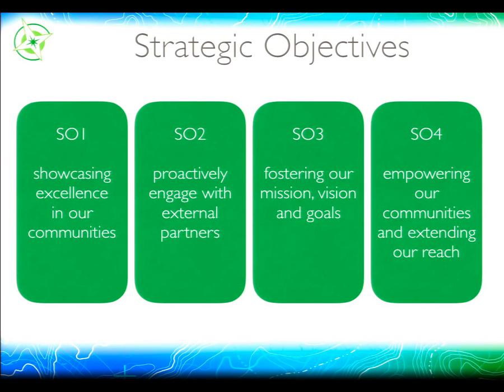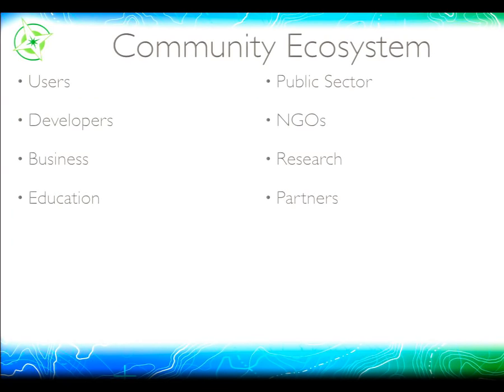By using OSGeo and asking them for money, we were able to fly more developers in and accomplish an upgrade that we hadn't been able to do ourselves over the last 3 or 4 years. When we're looking at these objectives, we're actually trying to address how they help users, developers, business, education, public sectors.